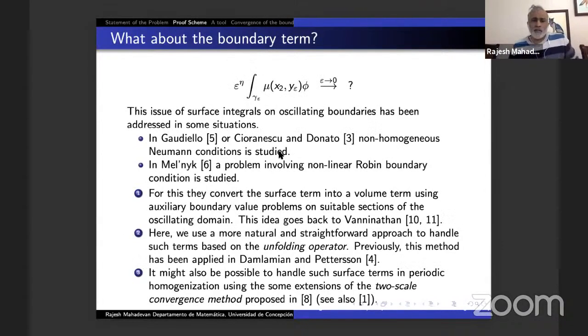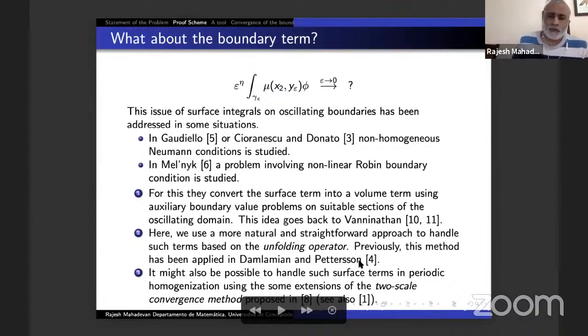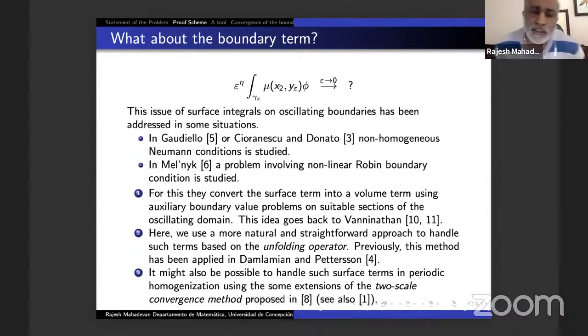In this work, on the other hand, we use the unfolding operator to convert the surface integral into a domain integral and then allow us to pass to the limit. So it's, I think, much more straightforward. And such an idea also has been used previously in Damlamian and Peterson. So the references are at the end of these slides, so you can have also a look at the references.